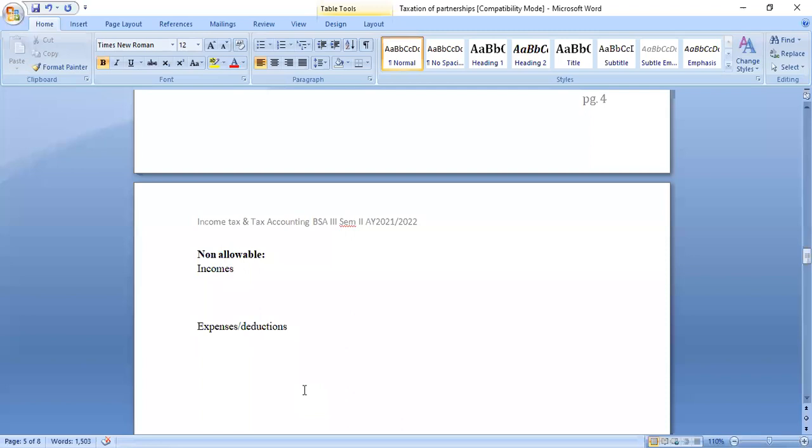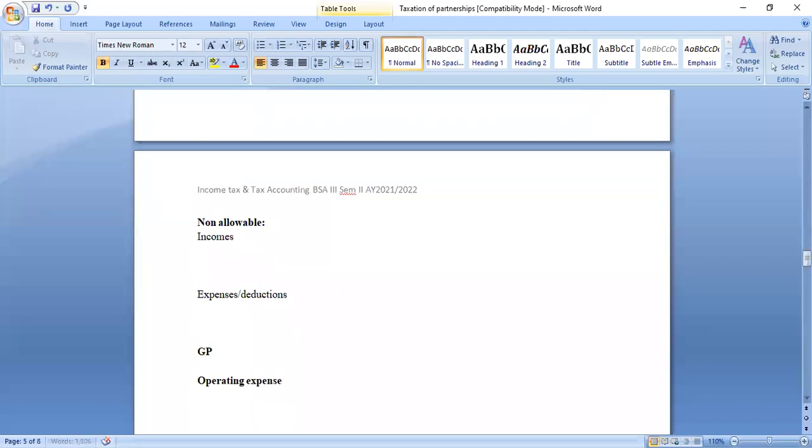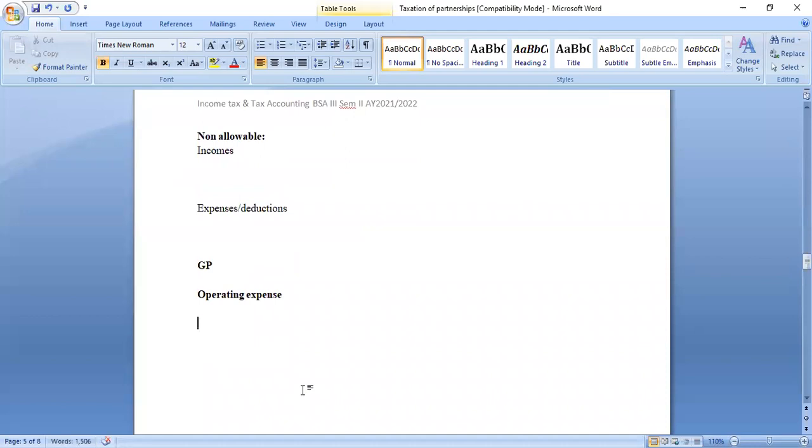The reason is clear. You have a profit, we have gross profit, then you have operating expenses. Within the operating expenses, you have depreciation, maybe you have distribution costs, among others, and then you have profit there.